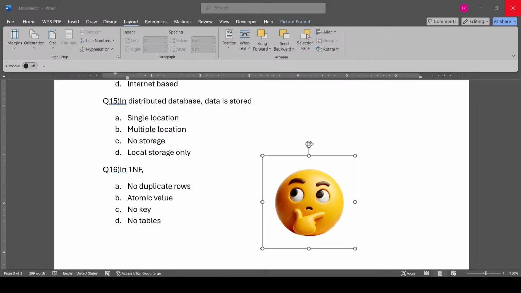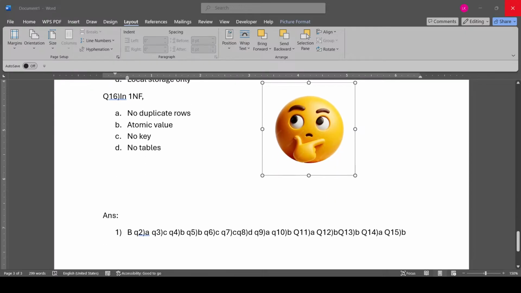In first normalization you simply say that there must be an atomic value in all the fields. Atomic means which further cannot be divided. So that's called atomic value. So the answer is B. Okay, 16B.